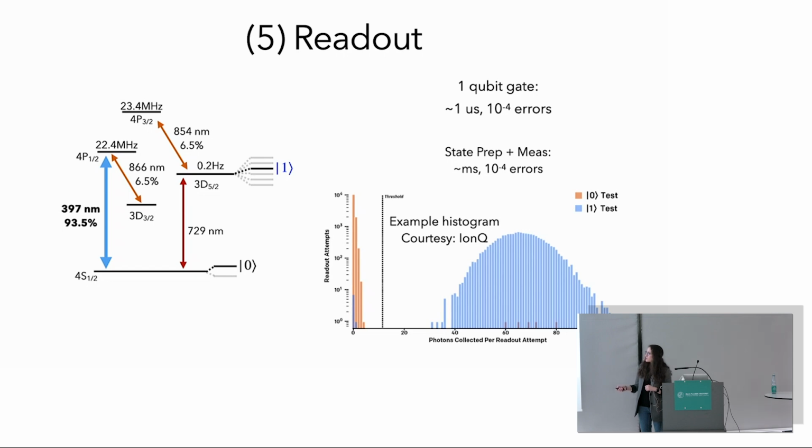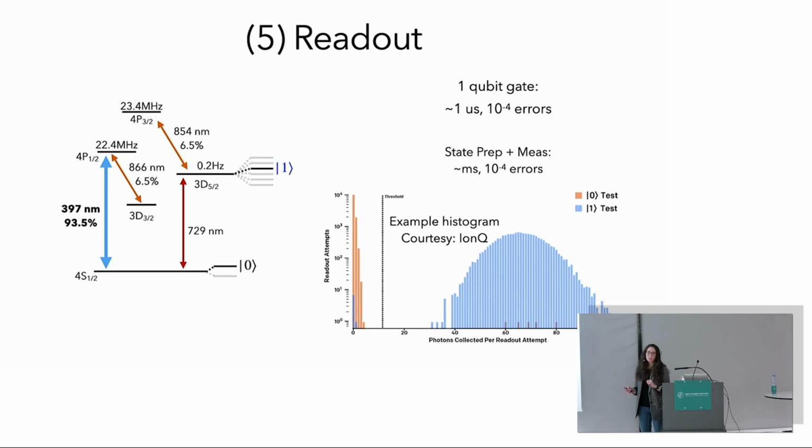And if we look at the histogram of the photons that we get out, if we're in the bright state or the dark state, we can see that we can get very strong separation. I mean, this is a particularly good graph from the company IonQ, but even in the lab, we can get such nice separation between our two states, really limited only by the lifetime of this state.